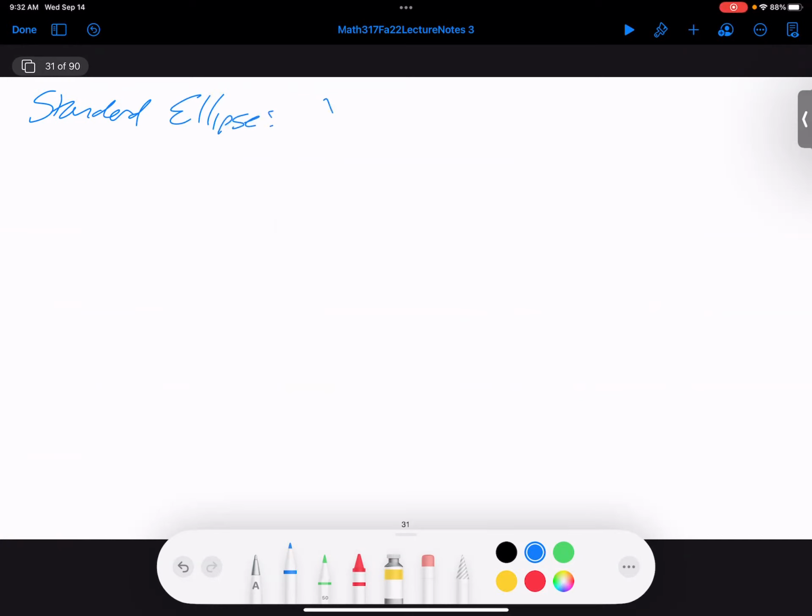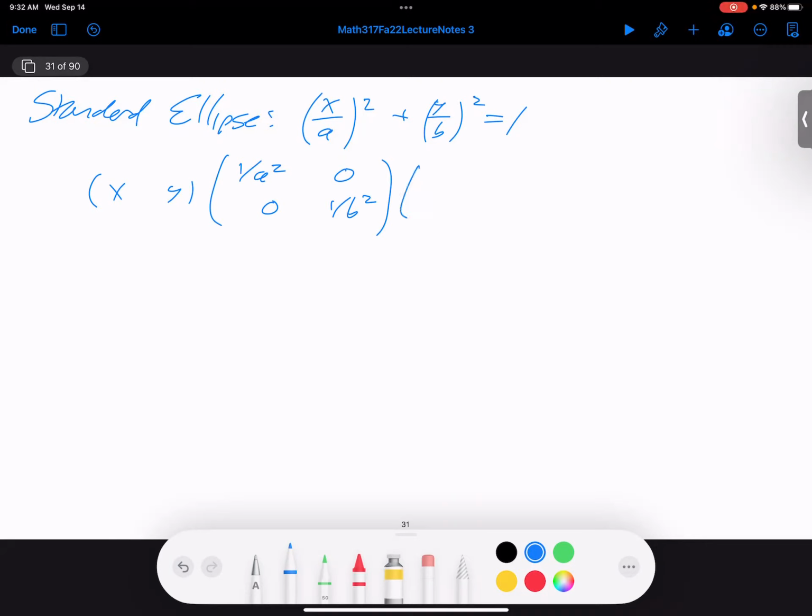Let's do x over a squared plus y over b squared equals 1. I can represent this in matrix form as follows. So x, y written as a row vector, then the matrix 1 over a squared, 0, 0, 1 over b squared, and then x, y as a column vector equals 1.